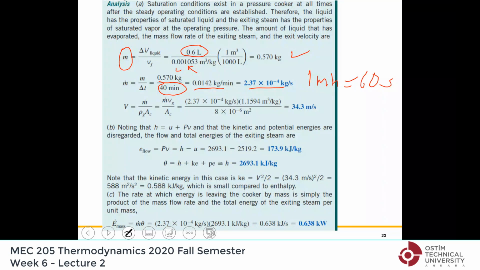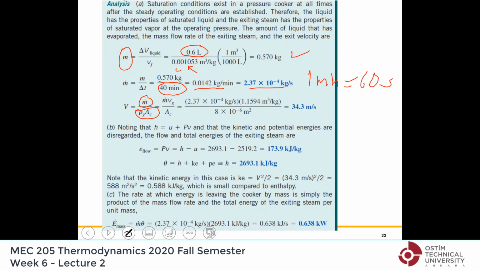And what is the volume flow rate? What is the velocity? The volume flow rate is simply the amount of mass divided by rho g, where rho is the inverse of vg, so invert it as you see.